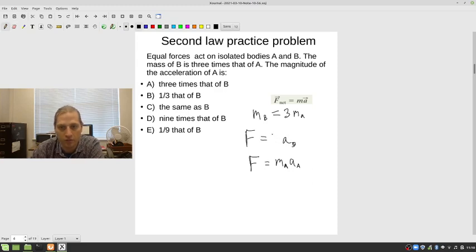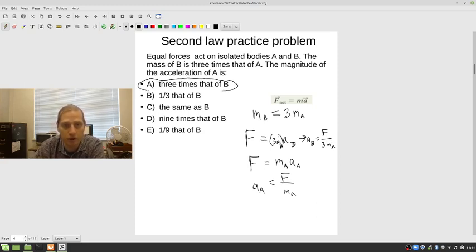Here's your 3 times mA, which is mB. So then we find out that the acceleration of B is going to be F divided by 3mA. On the other hand, over here, we have the acceleration of A is just F over mA. So it looks to me like the acceleration of A is about 3 times as big as that of B.